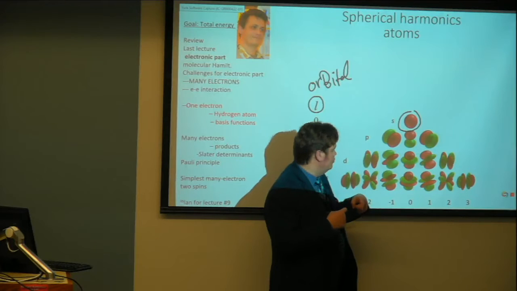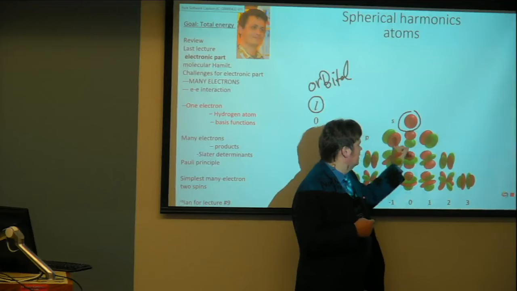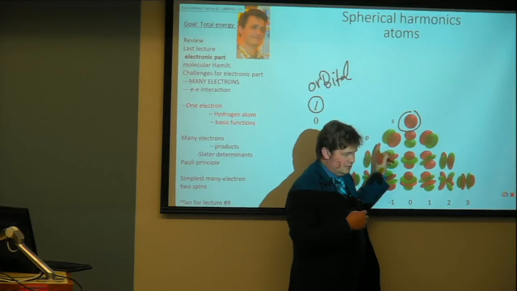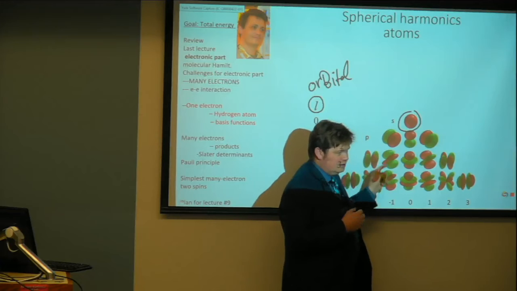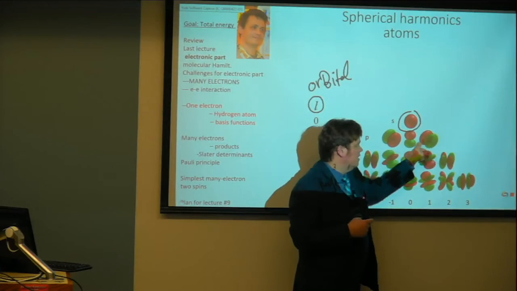So if we scan values of magnetic quantum number minus 1, 0, 1, all these p orbitals will have the same energy, right? And if we reshuffle them by adding and subtracting, energies will not change.